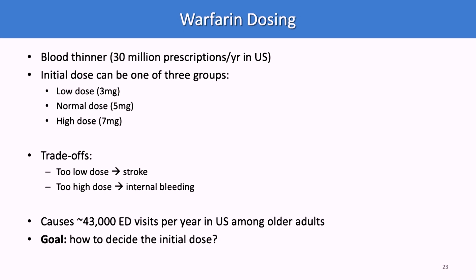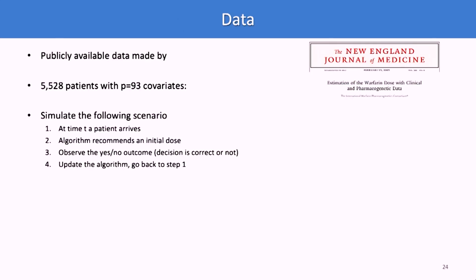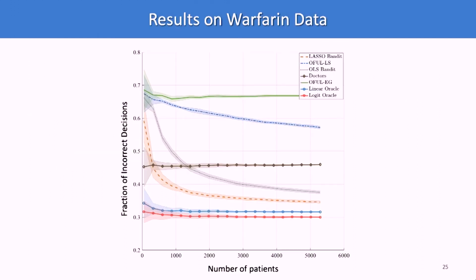So we applied this framework to some publicly available data, about 5,500 patients with 93 covariates per patient. We compared different algorithms and our proposal. And we also compared with physicians' decisions. Physicians always start a patient at a medium dose, so we compared with that. And this chart really summarizes the result.